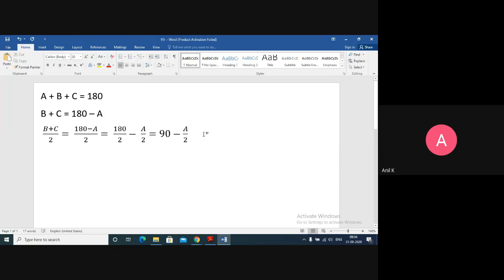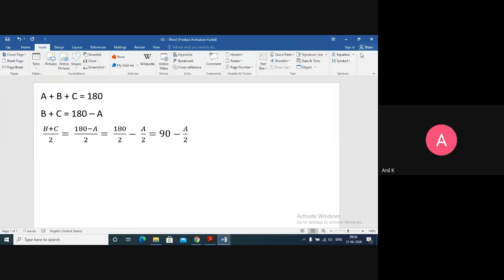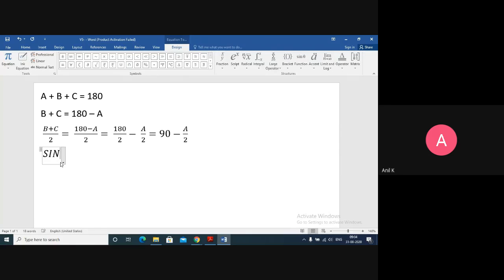If I apply sine on both sides, if I find the sine value of both the angles, then I get sine of (B plus C upon 2) equals sine of (90 minus A by 2), because both the angles are equal, then the corresponding trigonometric values will also be equal.